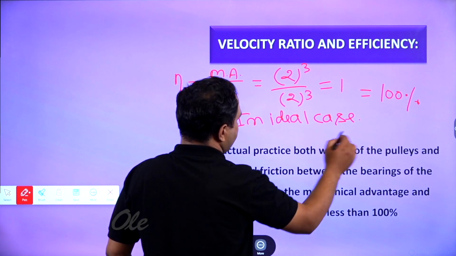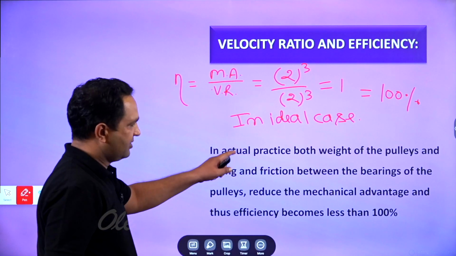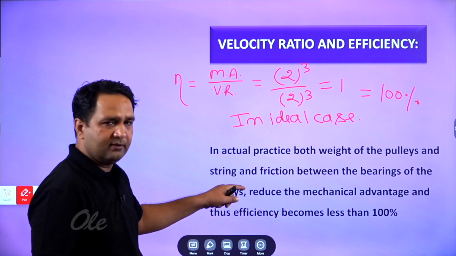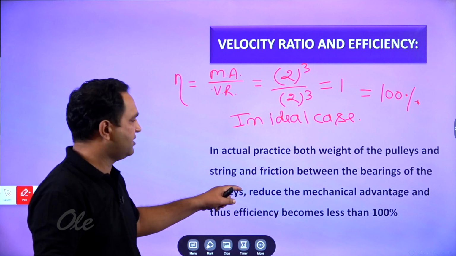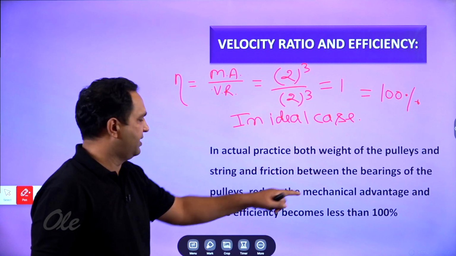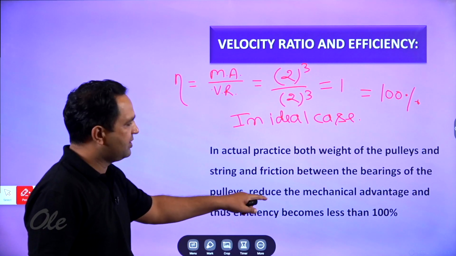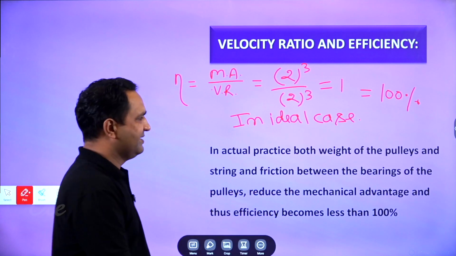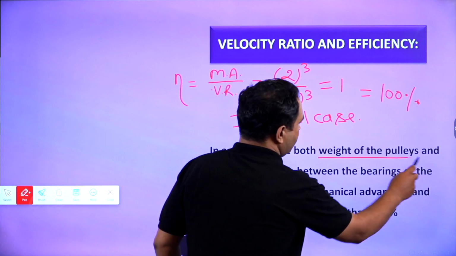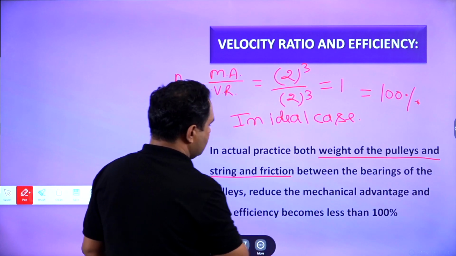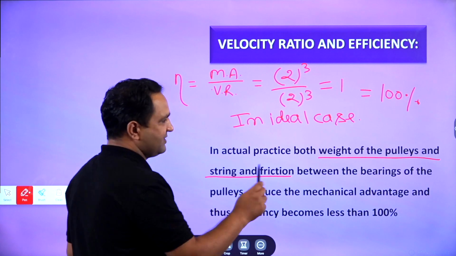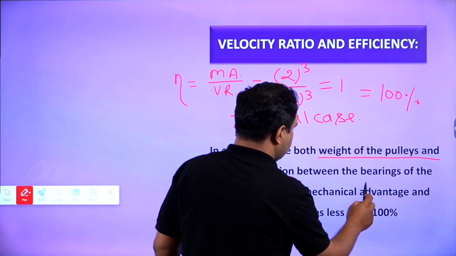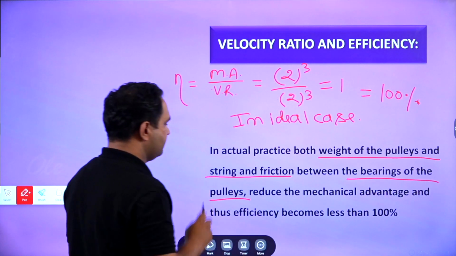While in the practical case or actual practice, both the weight of the pulleys and string, and the friction between the bearings of the pulleys reduce the mechanical advantage. As we have already told you, these are the causes: the string's weight and the pulley's weight, along with the friction between bearings of the pulleys.